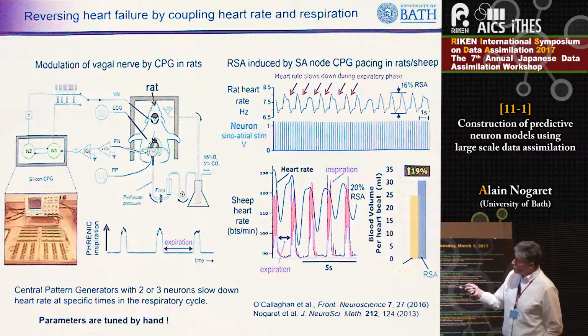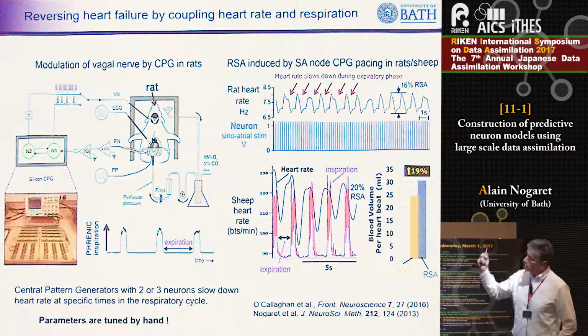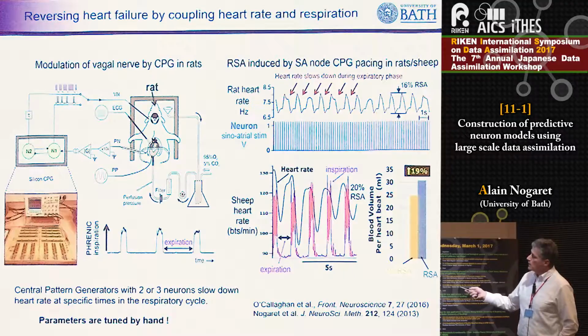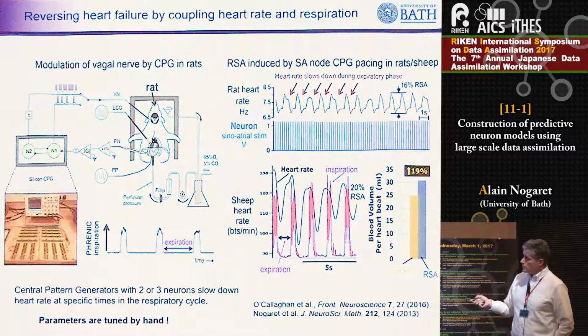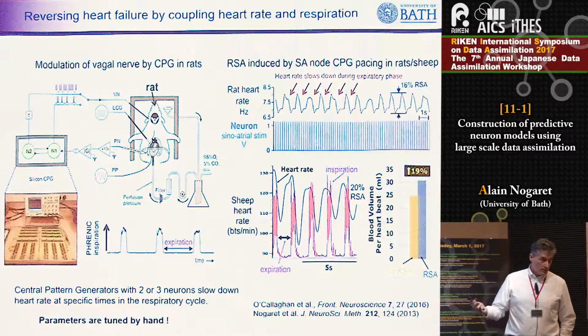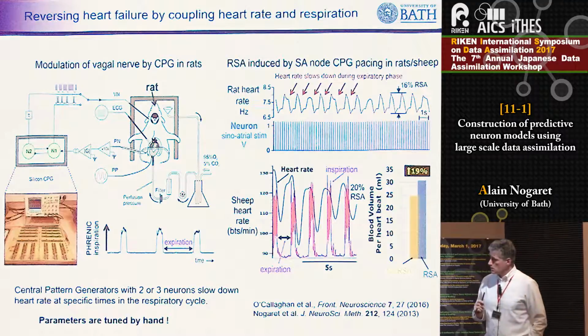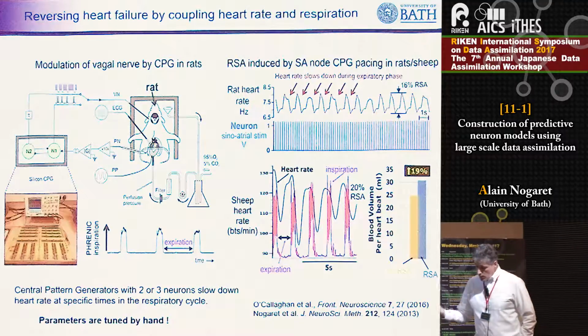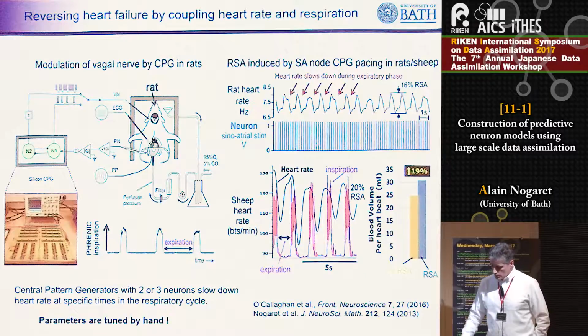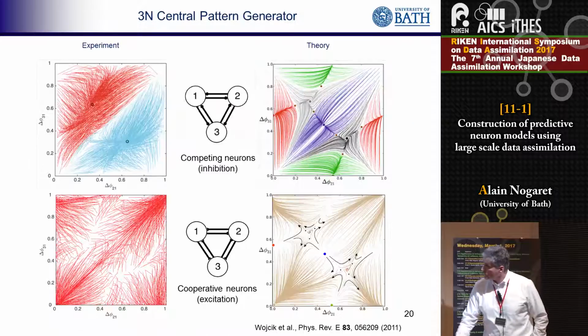If you restore modulation, you increase the cardiac output, which is the product of the blood pressure multiplied by the ejection volume, by 19%, eventually leading to remodeling of the heart. So this is potentially useful as a therapy for heart failure, and data assimilation can make a big difference for that. So I think I'm done with time.